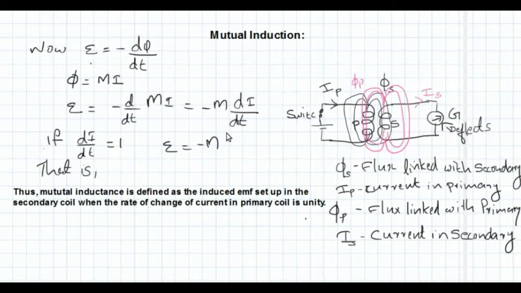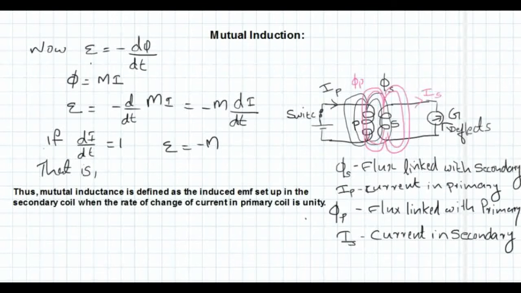So when the rate of change of current in the primary is unity, then the induced EMF in the secondary is nothing but the coefficient of mutual induction or mutual inductance.